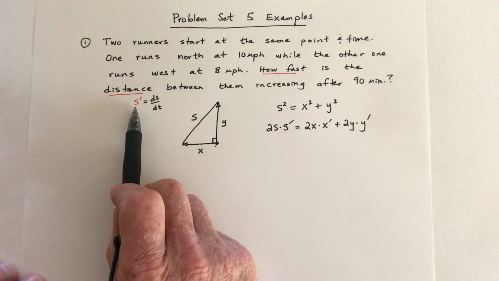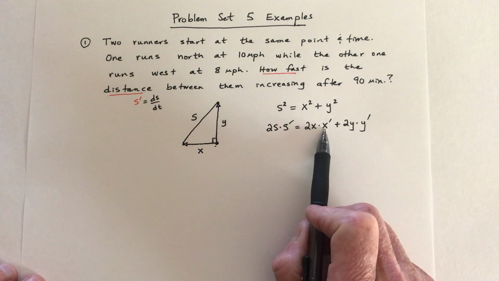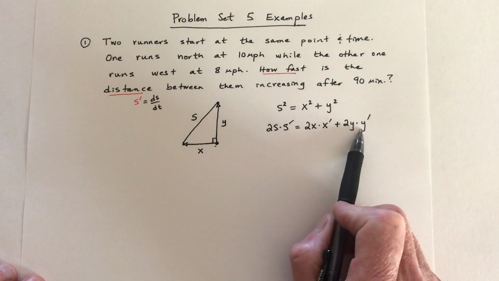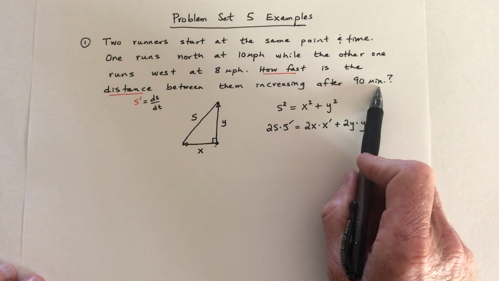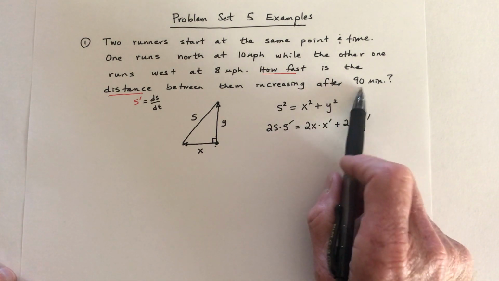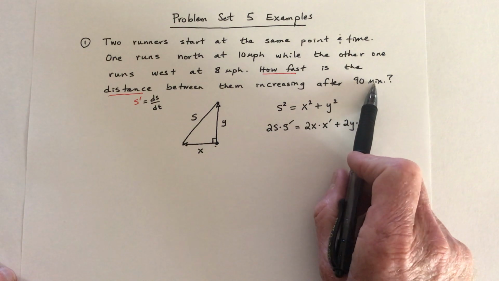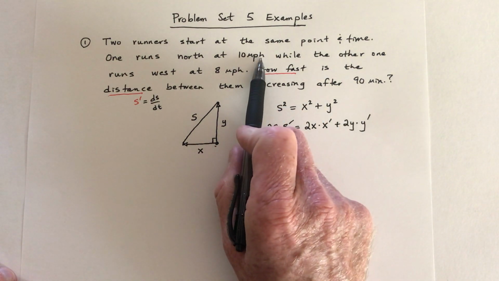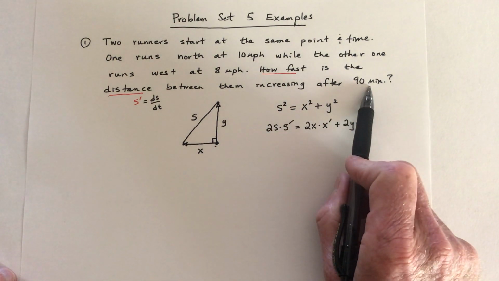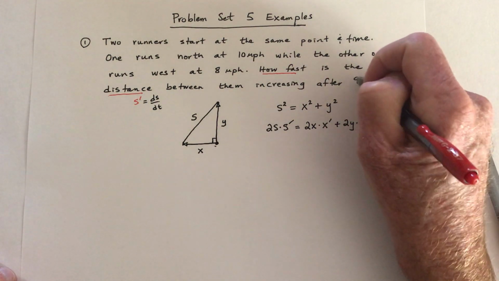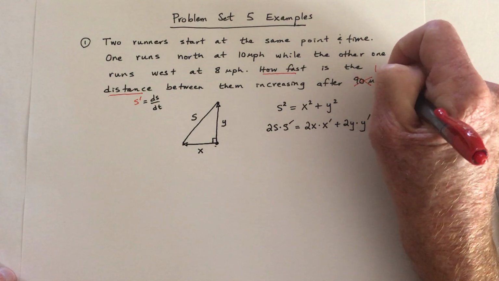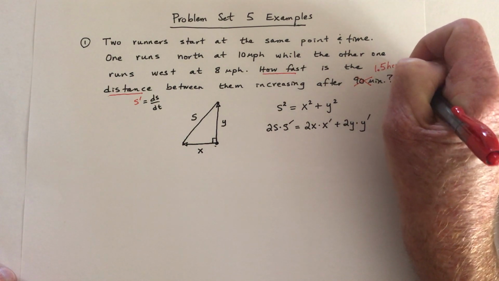So we're trying to solve for s prime, and I do know the number for this is 8, and I do know the number for this is 10, but I don't know any other numbers. Well, that's where the 90 minutes is used. And I did this on purpose. The units are not matching because this is in hours and this is in hours, so I need to change this to hours. Well, 90 minutes is an hour and a half, or in other words, 1.5 hours.